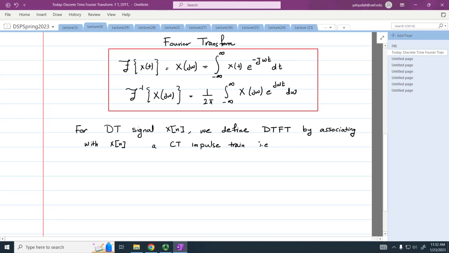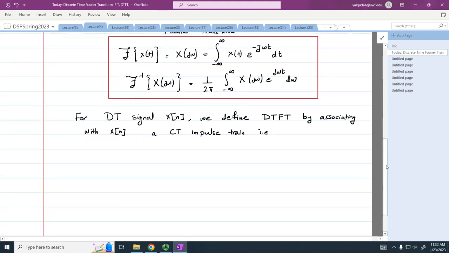What does all this mean? Here's the following. We have Fourier transform. Now we have x of n. I want to be able somehow to use this Fourier transform to calculate the frequency content of x of n. Make sense? But I can't. This is a discrete time signal.